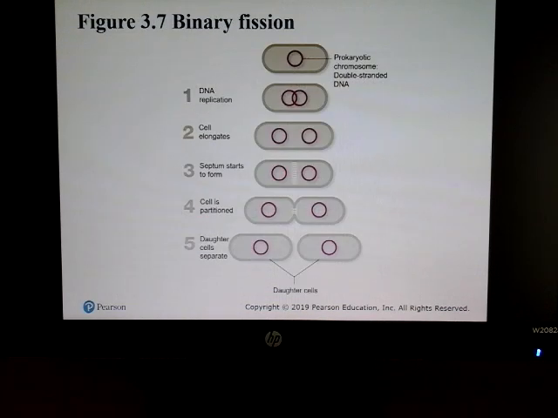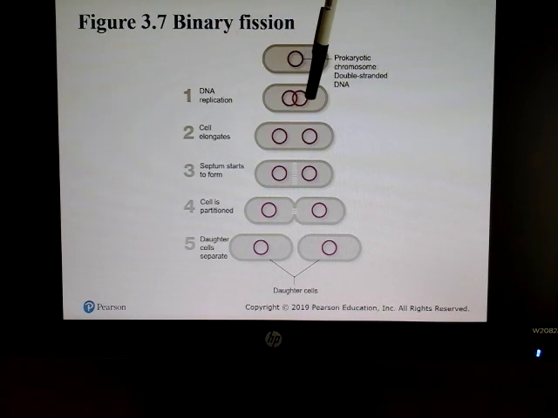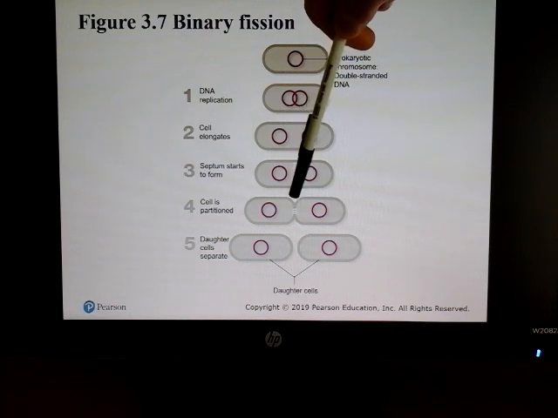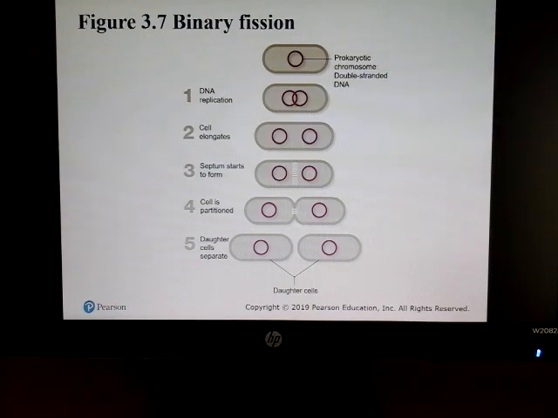This slide basically shows what the text in the last slide showed. You have DNA being copied, the cell gets bigger, then eventually you see the two chromosomes start moving. Then the septum starts to form and eventually pinches off. At the end, the daughter cells separate.